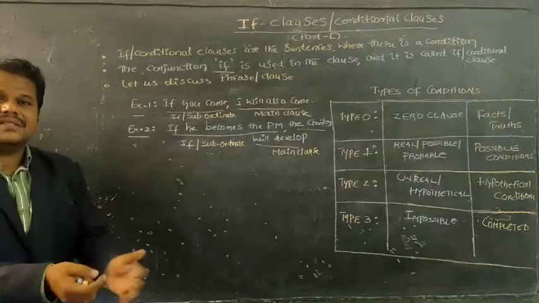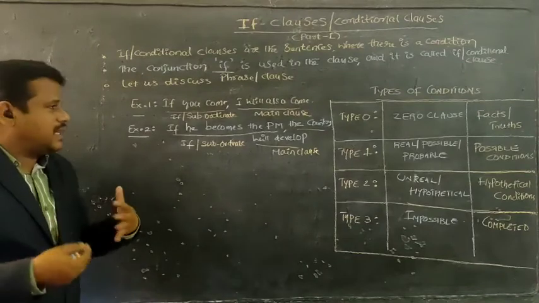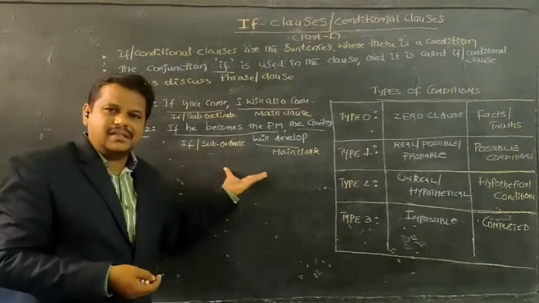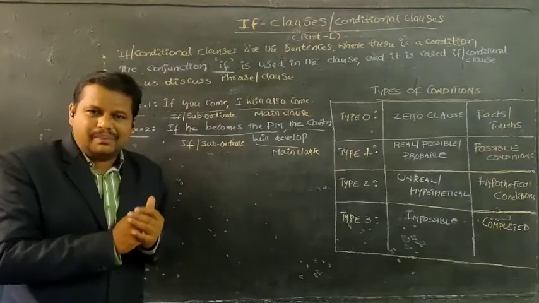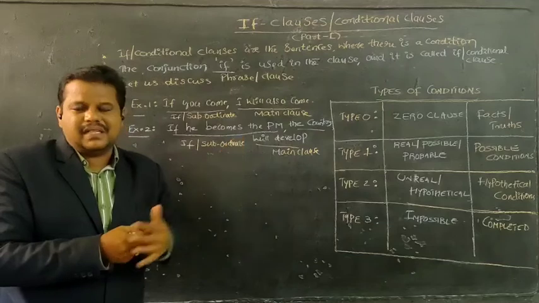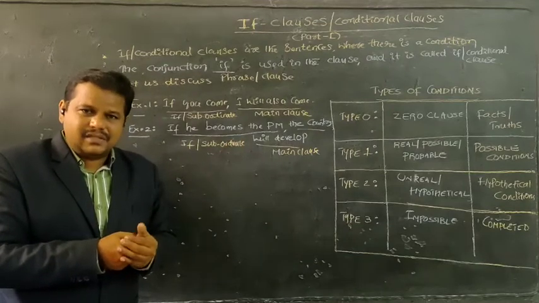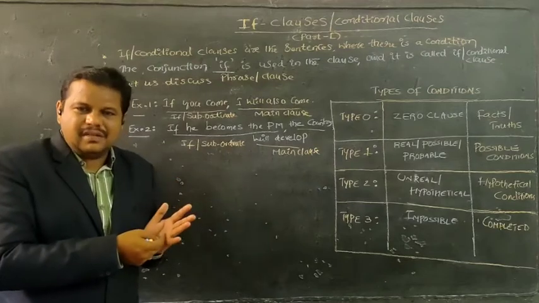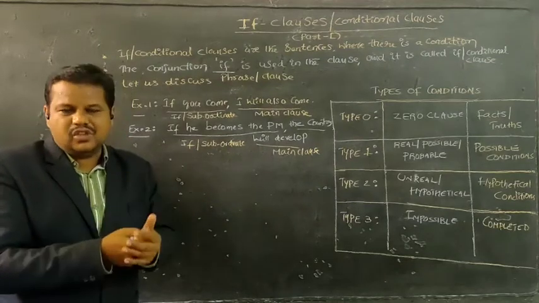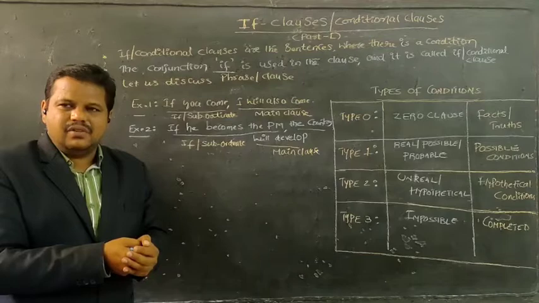In all these sentences, you have been seeing that each part of the sentence follows the tenses. Simple present is followed with simple future tense. Simple past is followed with the future tense.